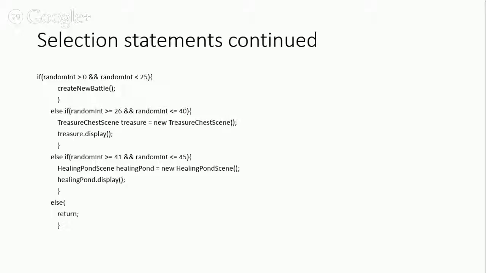With our second set of parameters, if that integer is between 26 and 40 inclusively, then it'll call in a treasure chest scene, and basically the player will get some treasure they can use. We've also got another else if right below that for a healing pond scene, and then at the very end we've got an else.